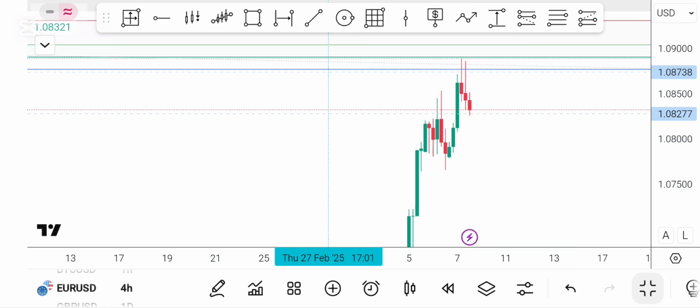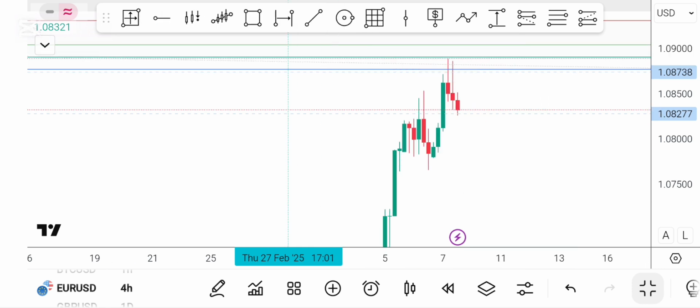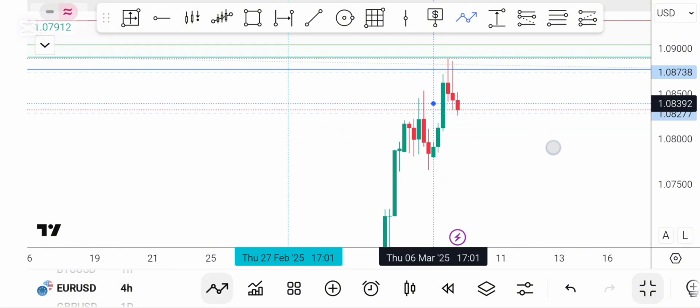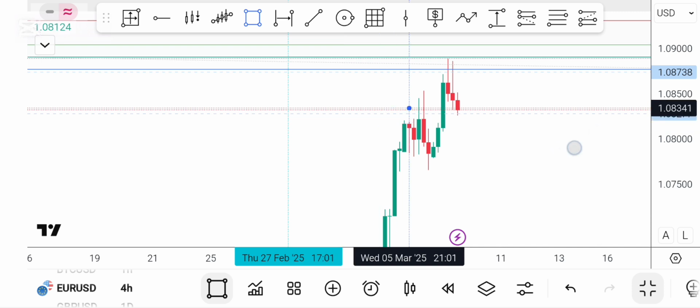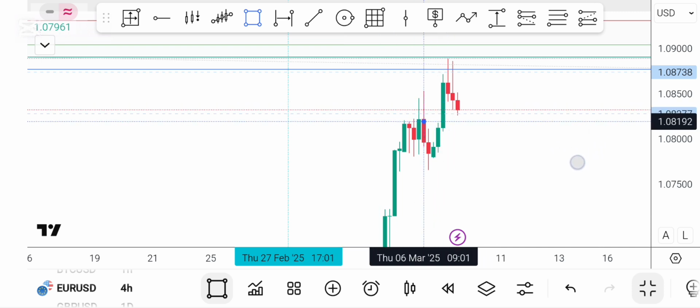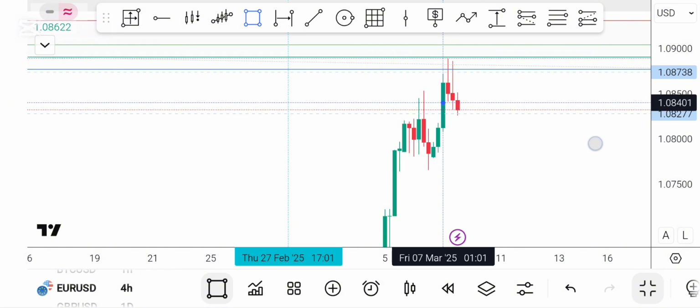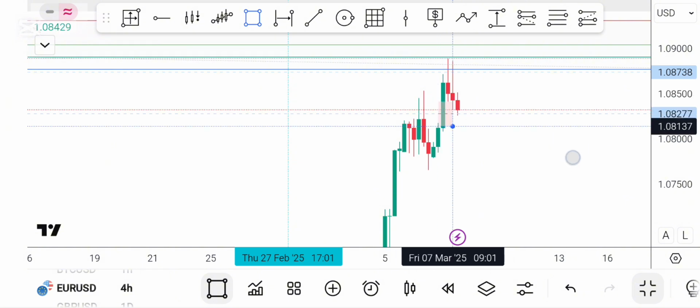Now on the 4 hour time frame, you will agree with me that after trading below the lower quadrant of that daily fair value gap, we have here a 4 hour fair value gap also, the low of this candle and the high of this candle, and we equally have here a bullish order block, a 4 hour bullish order block.